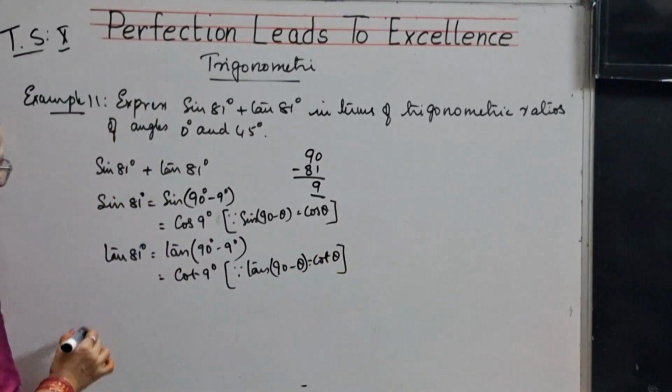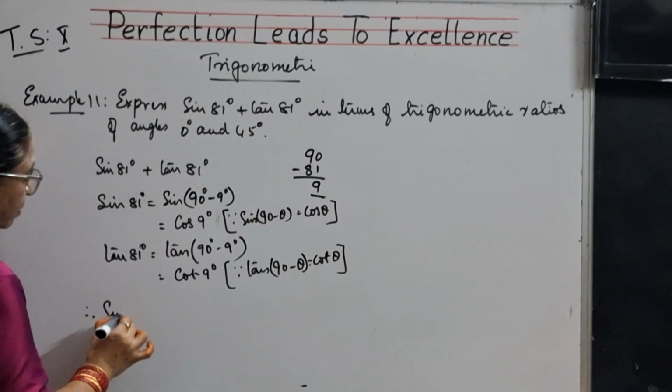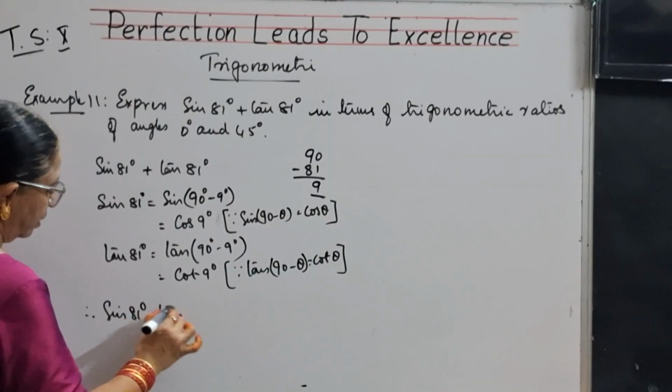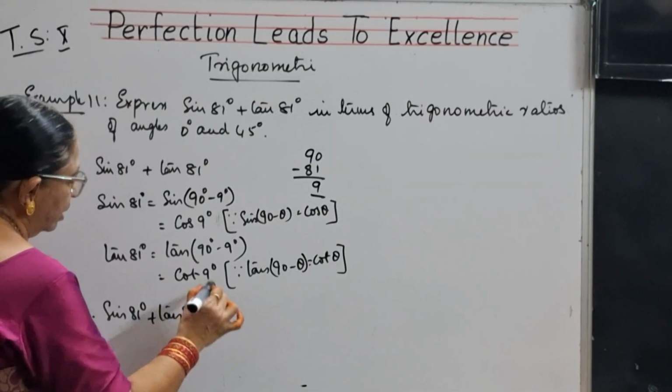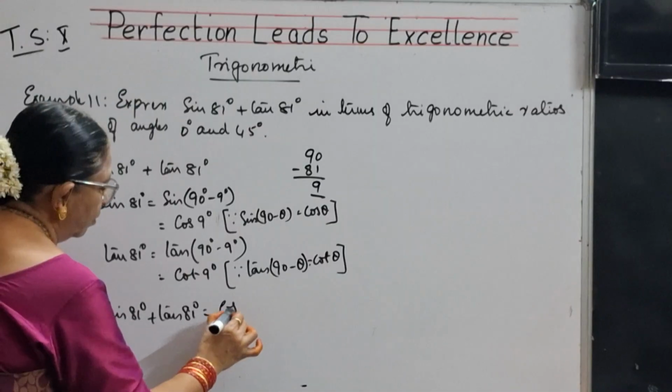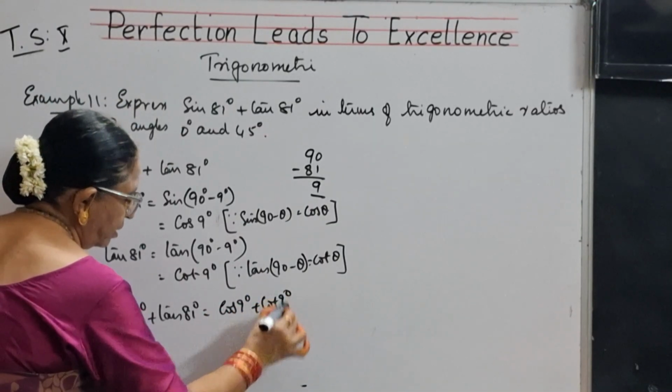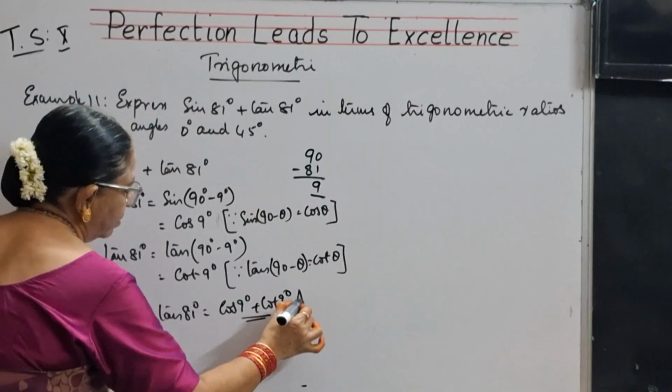So basing on that, we can write that sine 81 degrees plus tan 81 degrees can be taken as cos 9 degrees plus cot 9 degrees. This is the answer, children.